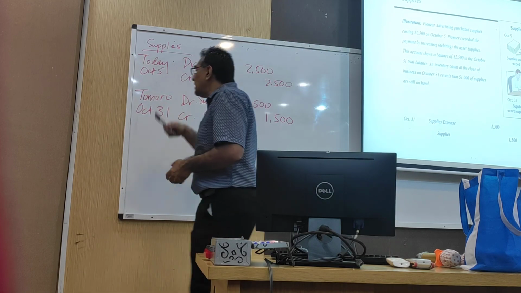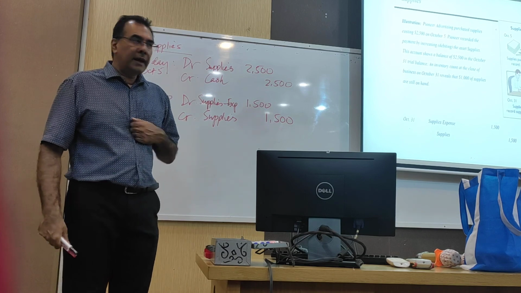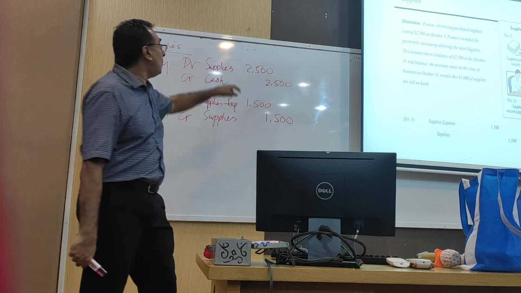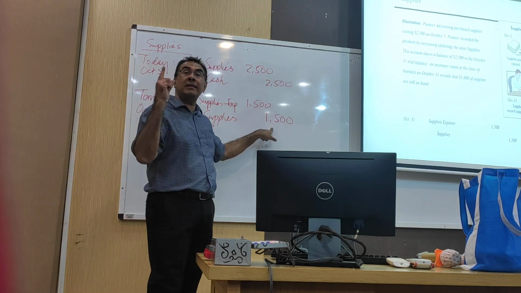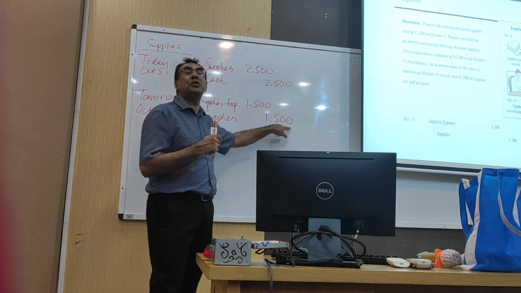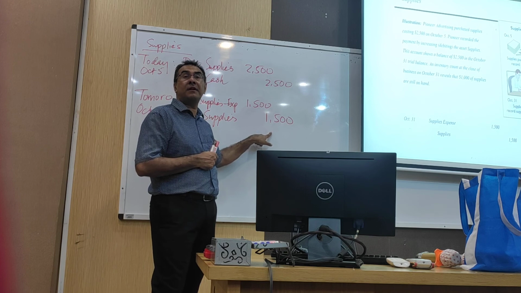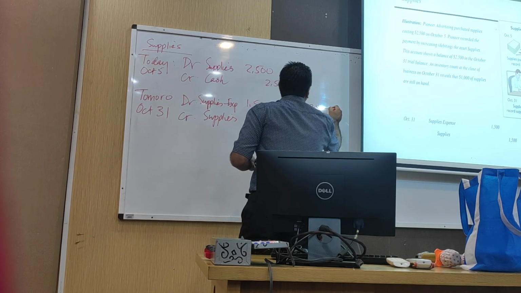Okay, well, I know that tomorrow has arrived and they tell me I only have 1,000 left. So I bought 2,500. I must have only 1,000 left, which means I must have used 1,500. Why? Because 2,500 is what I bought.